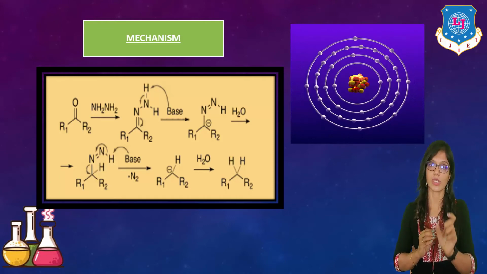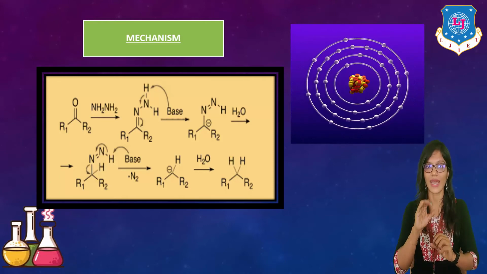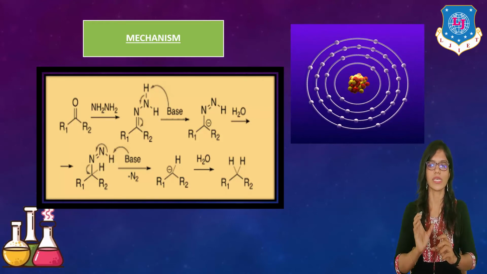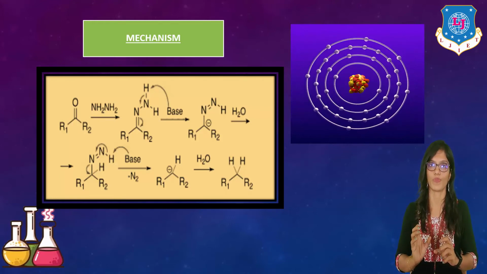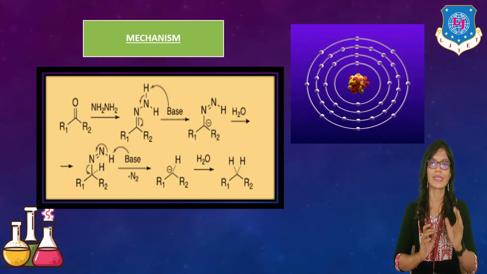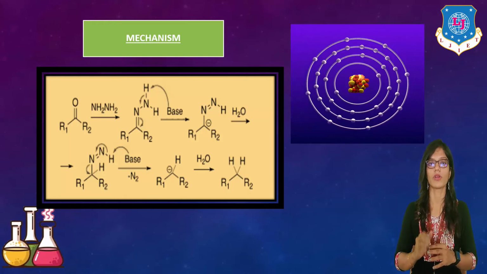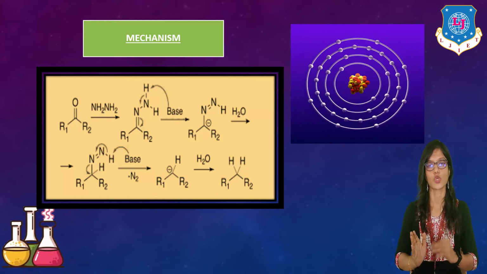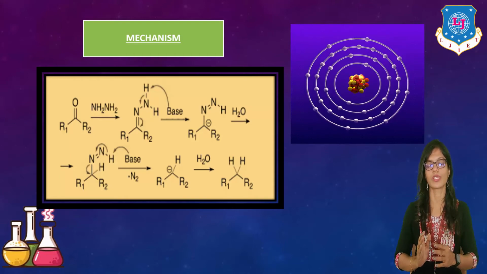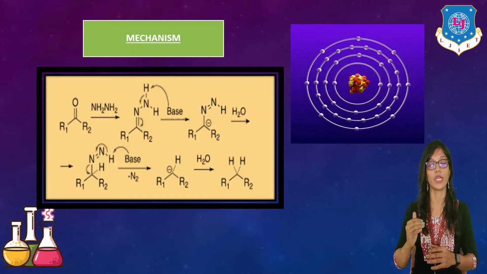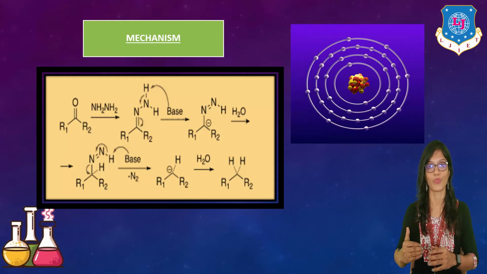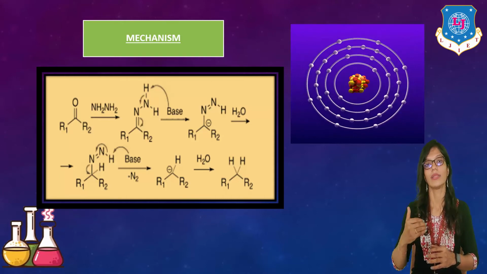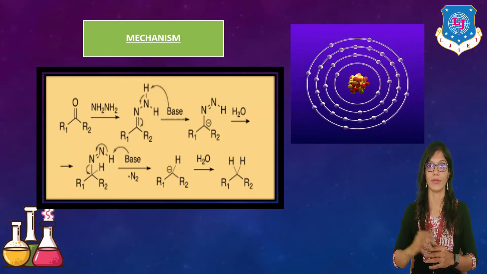That H plus will attack the carbon, attach with it and form CH2 R1 R2. So in this manner, the C double bond O will be converted to a CH2 group. So the carbonyl group will convert itself into a methylene group. Clear everyone? In this manner, this will be done.